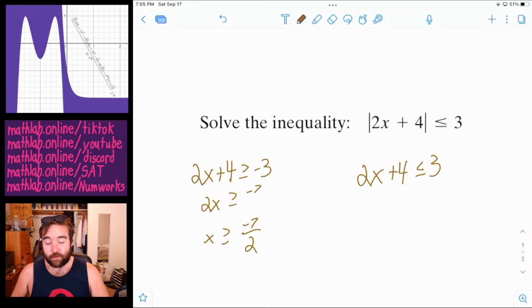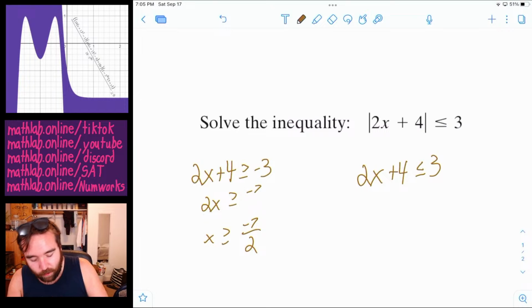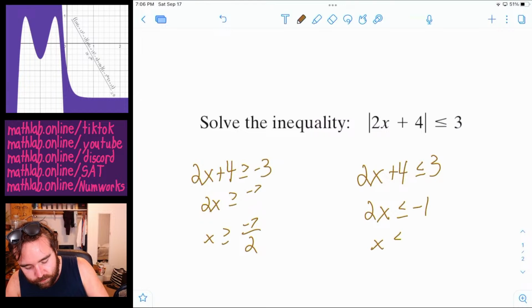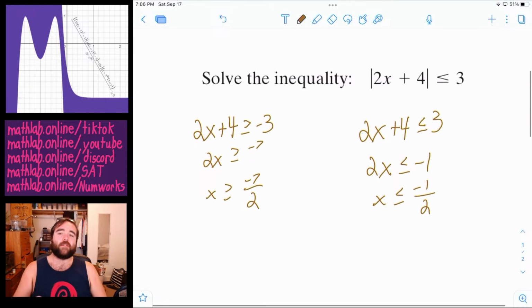So we get that x is greater than negative 7 halves. Or, over here, subtract 4, 2x is less than or equal to negative 1. Divided by 2, x is less than or equal to negative 1 half. And so you see we have two things here, two inequalities.